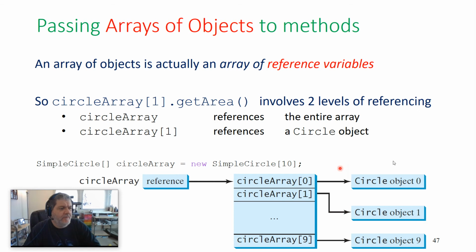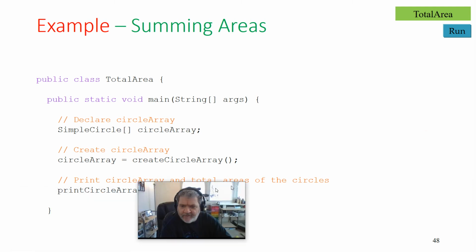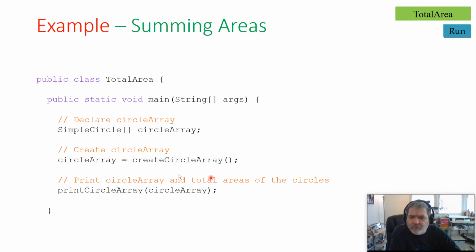So that example that I promised you, what is it going to look like? Here's a class TotalArea. The name doesn't matter really. We have a public static void main method. Inside that main method, we are going to create an array of objects of class simple circle.